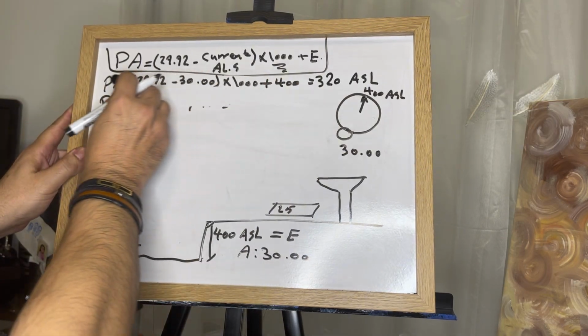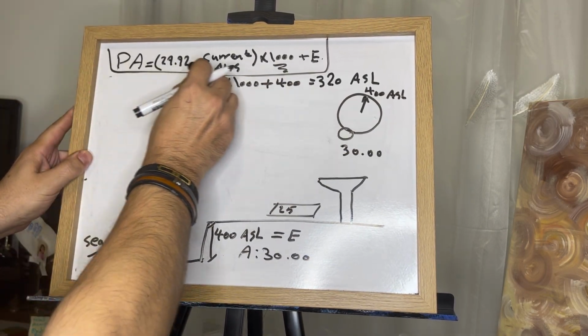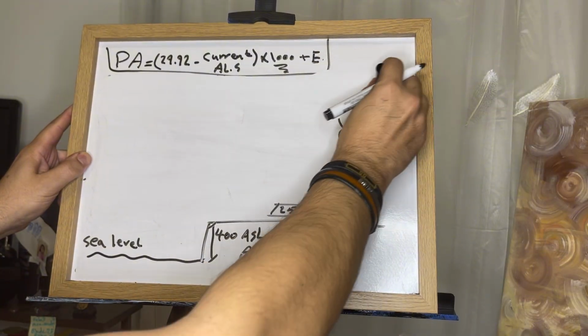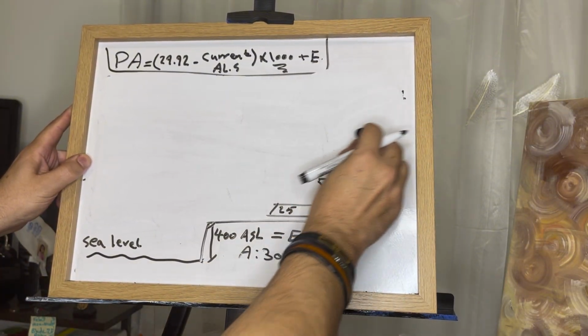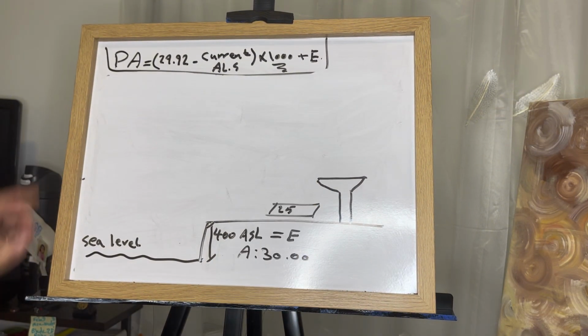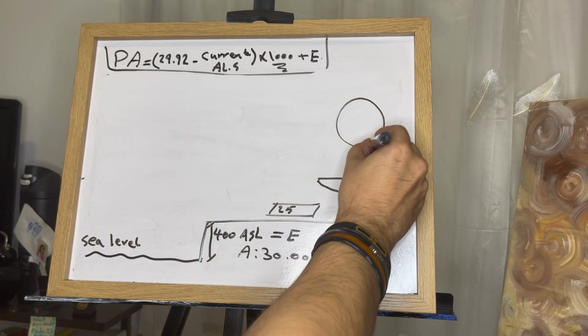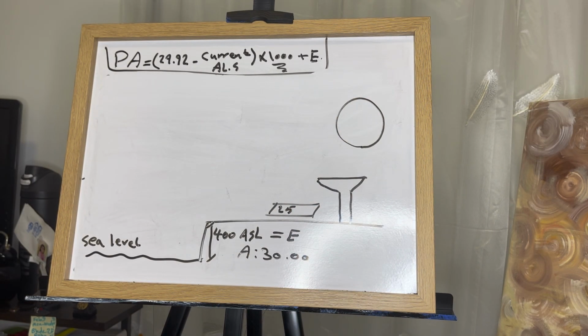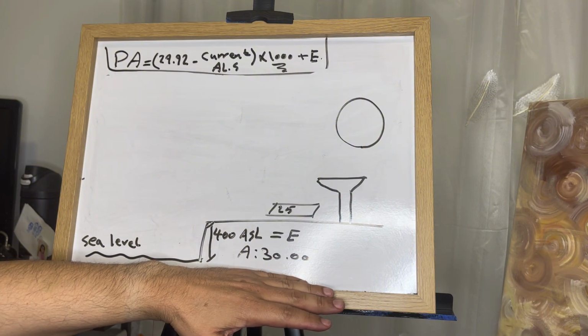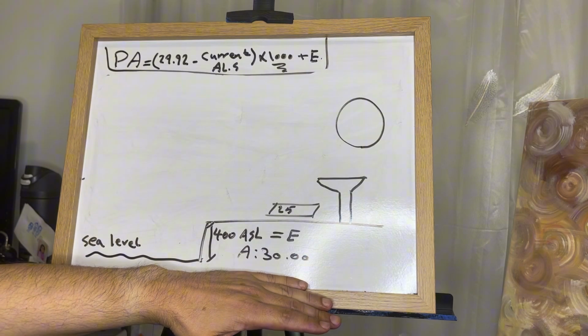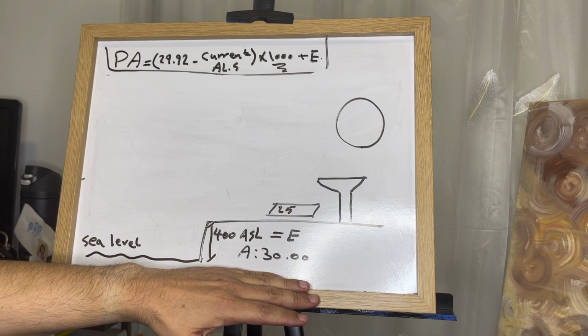So let's talk about what will happen when you set the altimeter setting to the wrong number. For example, you are on the ground and get information from air traffic control: altimeter 30.00.